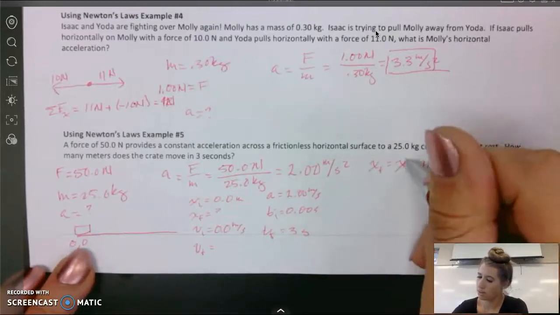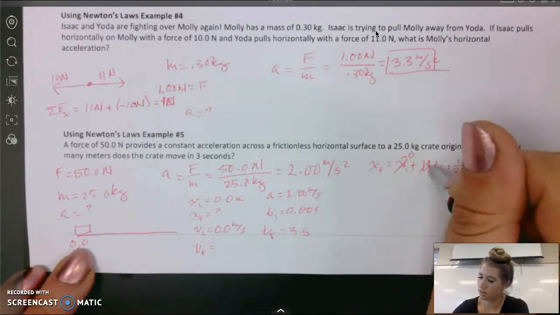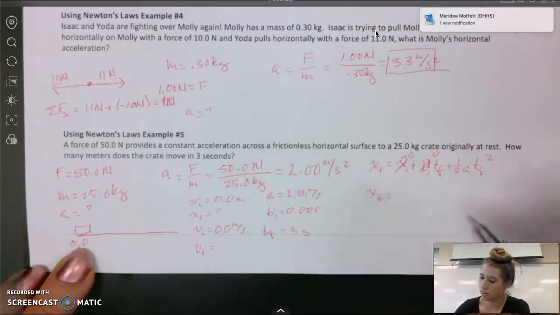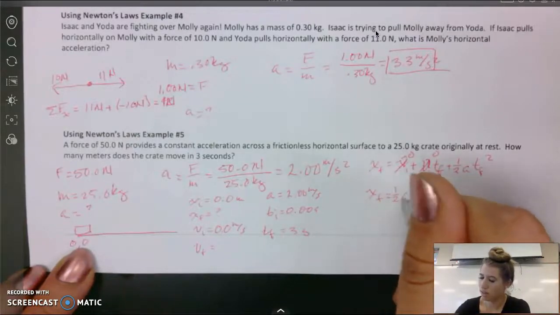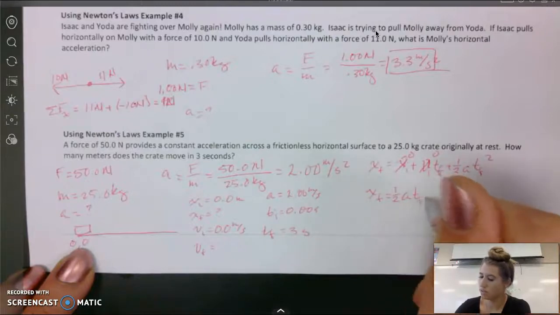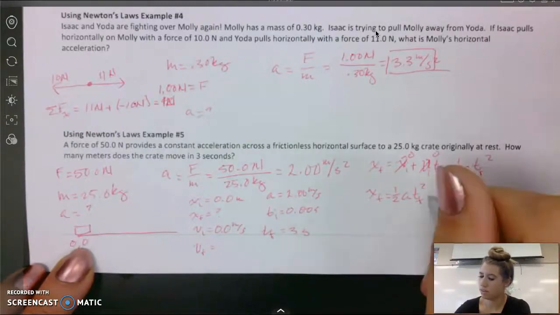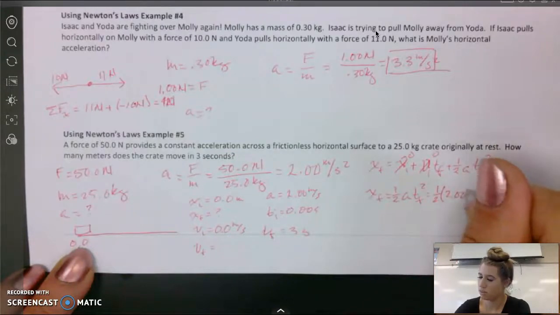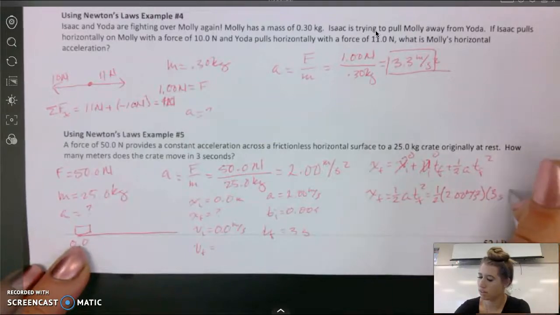Well, our initial position is 0. Our initial velocity is 0. So x final is equal to 1/2 acceleration t final squared. So 1/2 times 2 meters per second squared times 3 seconds squared.